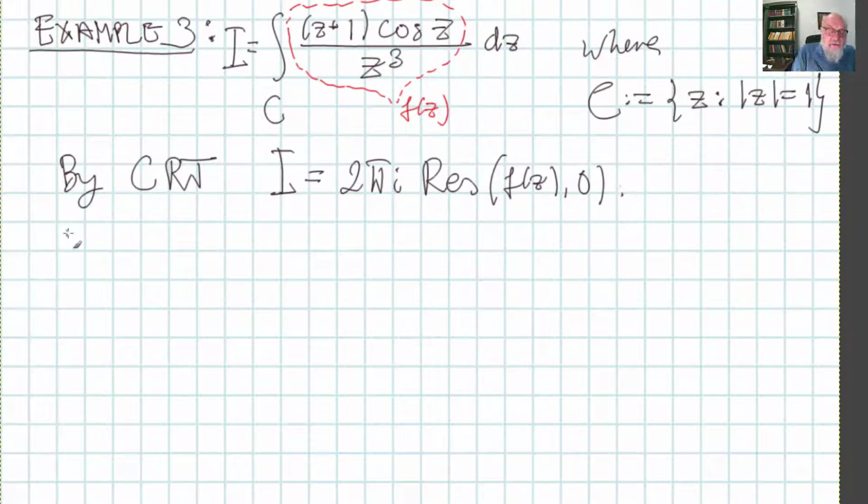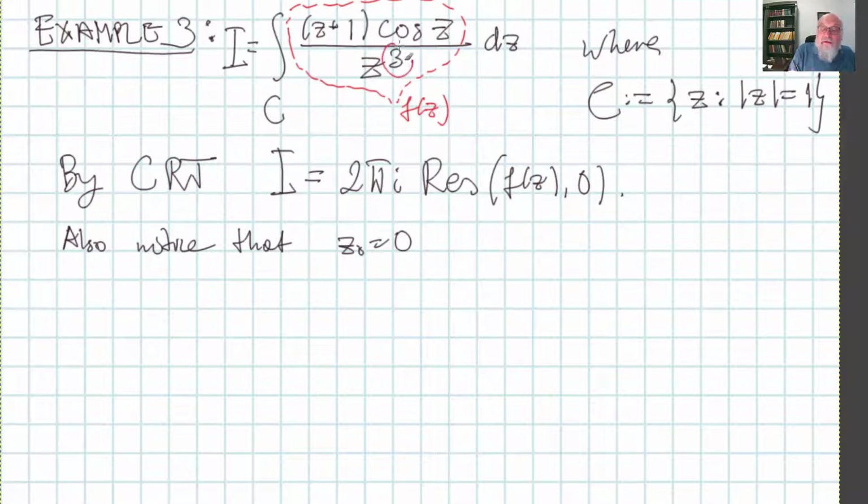So also notice that z0 equals 0. You see, the numerator at 0 is 1, but the denominator has the power 3. That means this is a zero of the denominator of multiplicity 3.